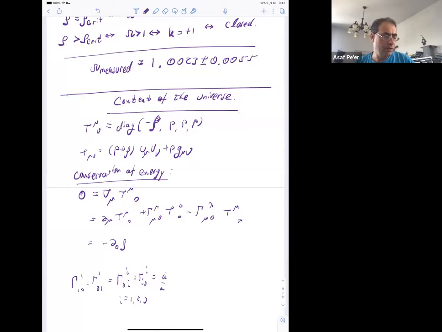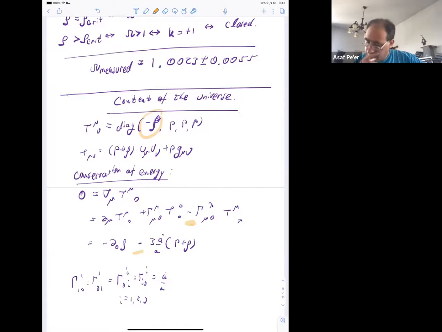So we end up with minus 3 a dot over a times rho plus p. Since we only have diagonal terms, we go over 1, 2, 3. The p has a minus because of the minus here, and for the rho term we have a minus rho. That's why we have this minus.